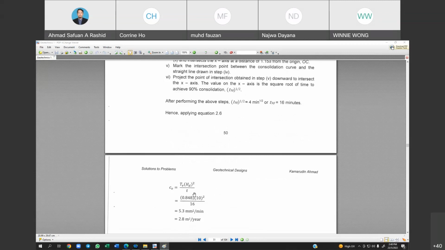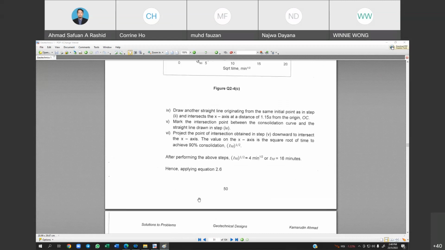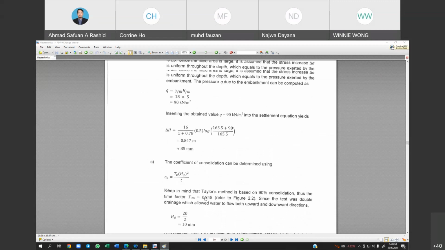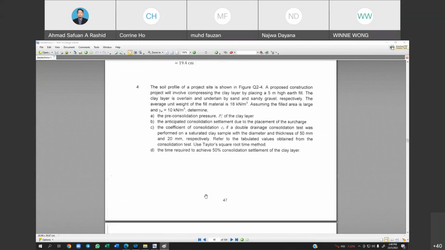For example, the HD, 10 over 16 times time. So the HD here is in millimeter, because 20 divided by 2, so it is millimeter.